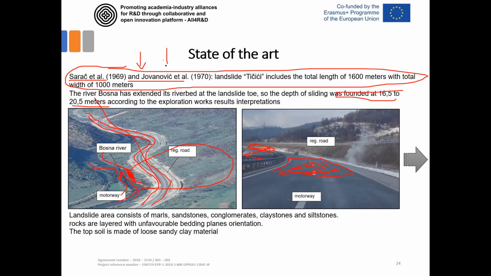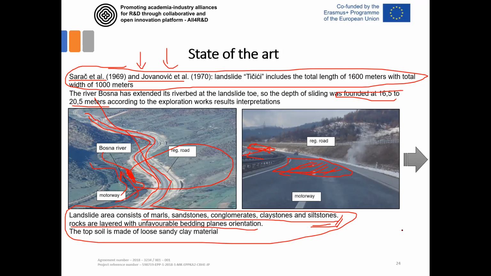When we look at the information from the past, we find that this landslide area consists of different kinds of weak rocks like marls, sandstones, claystones, and siltstones. The problem is that the rocks are layered with unfavorable bedding planes. That means if you look at the cross section, the rock is bedded like this.